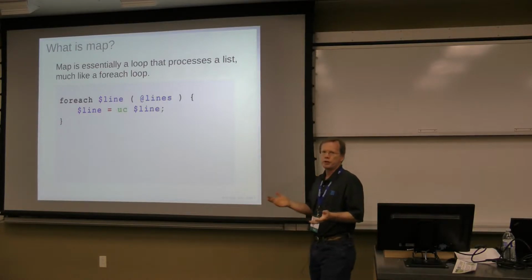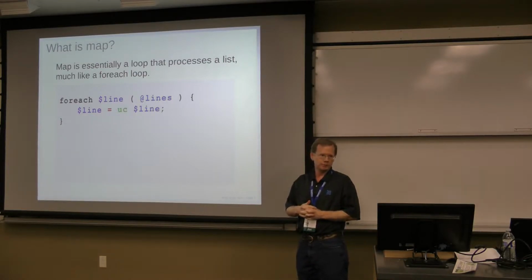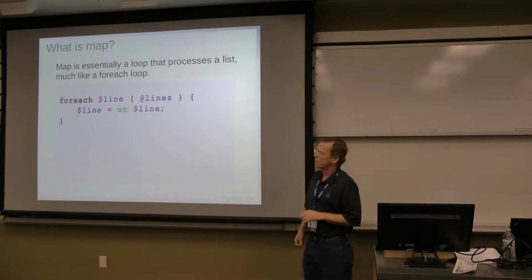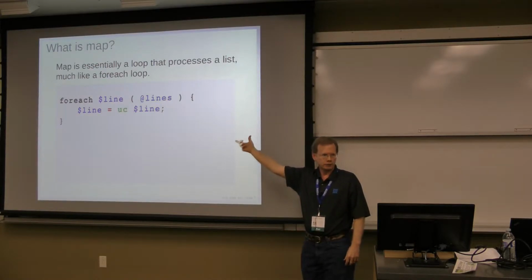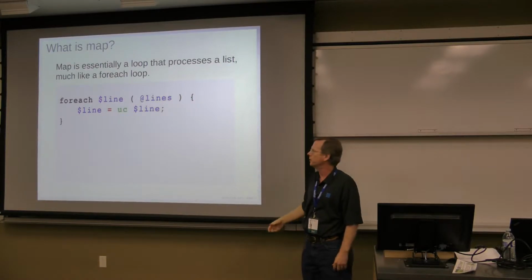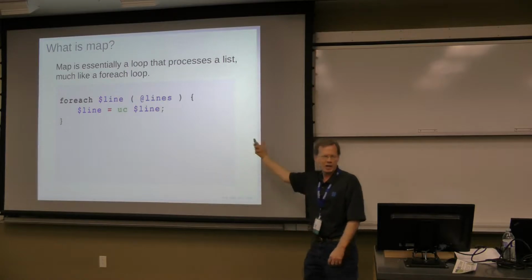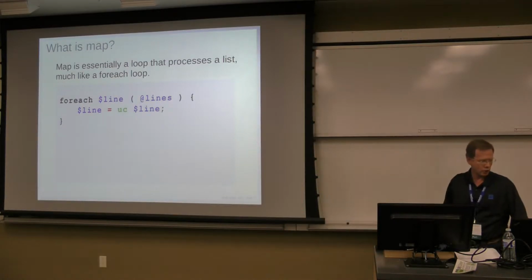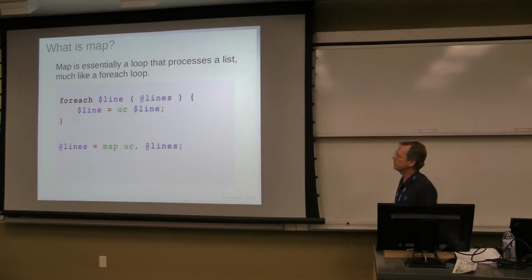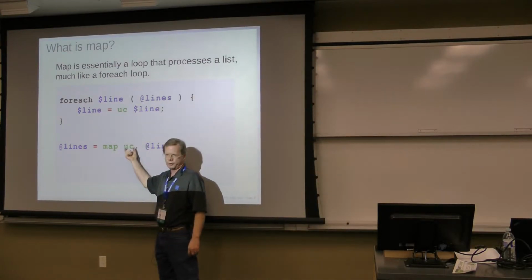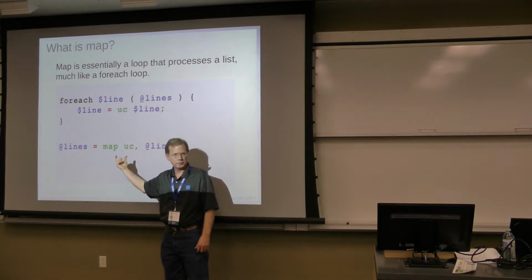Map is essentially just a foreach loop, or we could call it a for loop, either one, where we're giving it a list, we're going through an item at a time, performing some function on that. So it's kind of like this. So a somewhat equivalent map function would be like this, where we say map, and then we call the uc function, which does an uppercase.